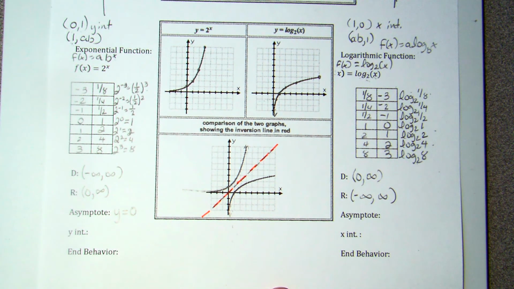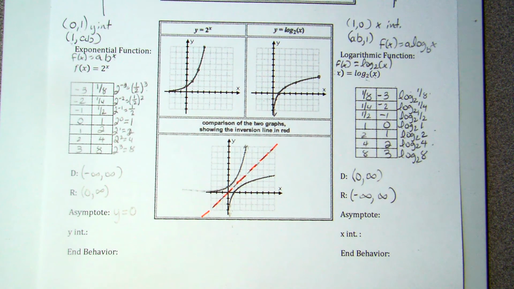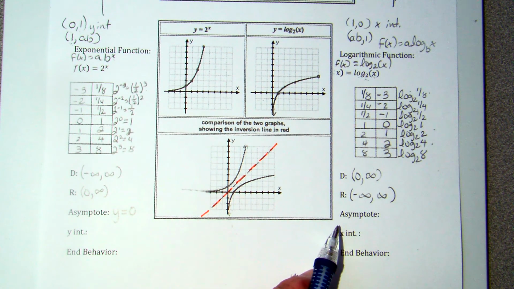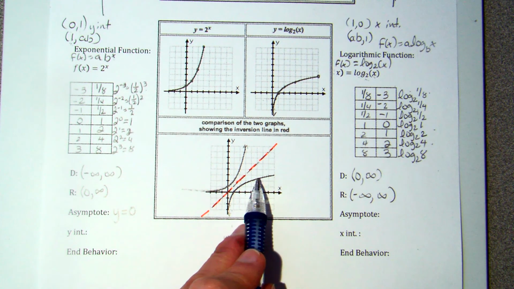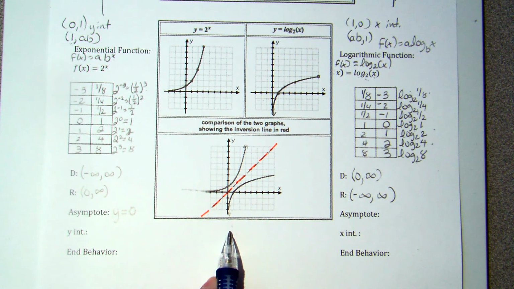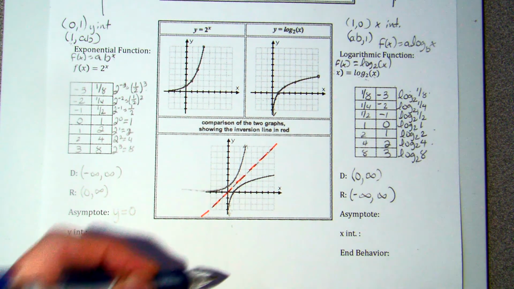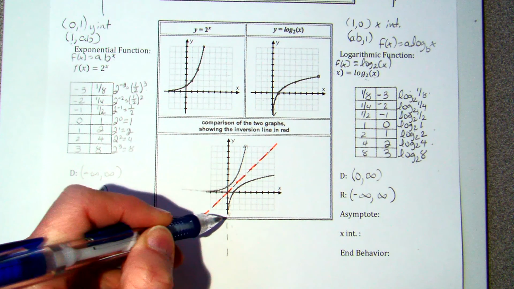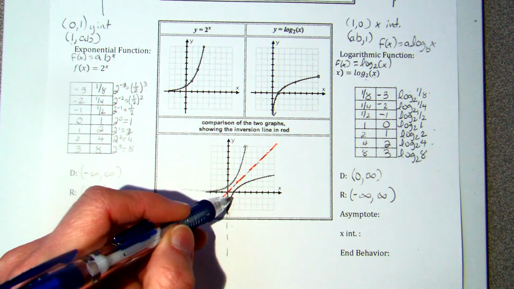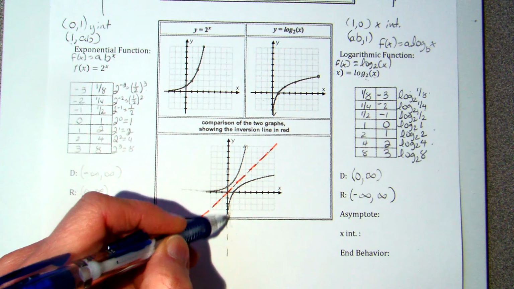Now, look at the asymptote for the logarithmic function. Your graph comes down right beside that y-axis but never goes across it. So there's a vertical asymptote on the line x equals 0.